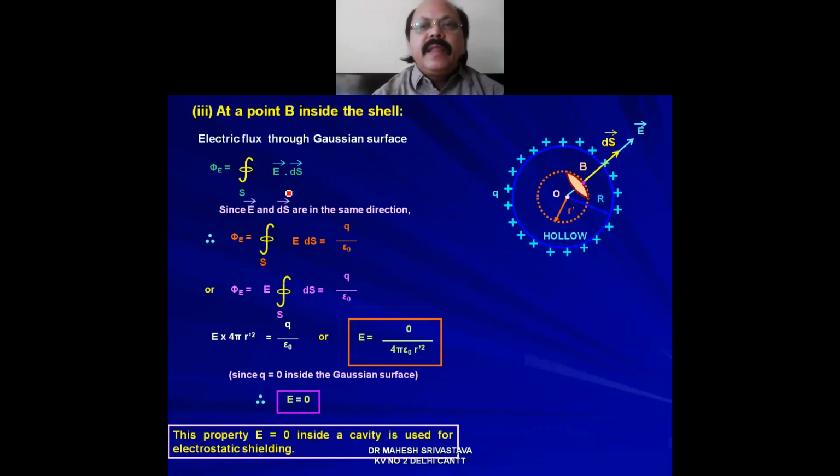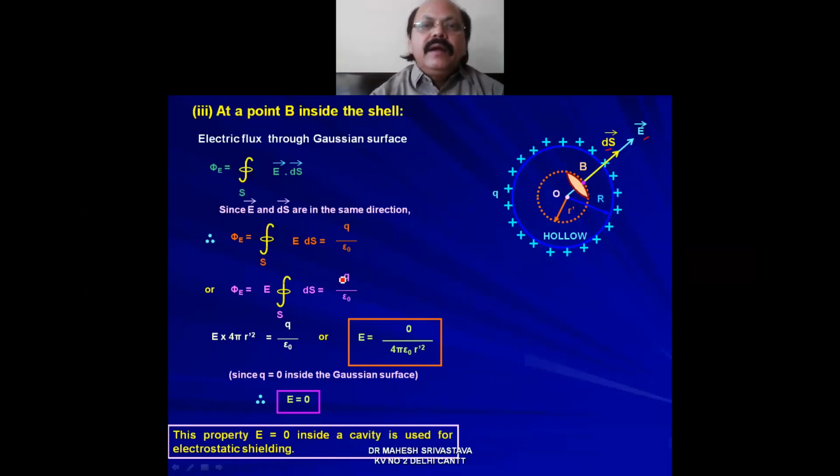Since E vector and ds vector both are in the same direction, the angle between them is 0. Therefore phi is equal to closed integral E ds cos 0, that is E ds, equal to q upon epsilon naught.